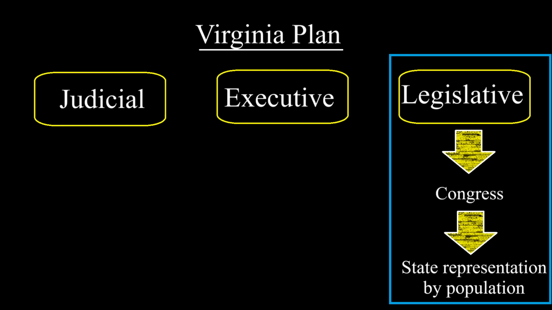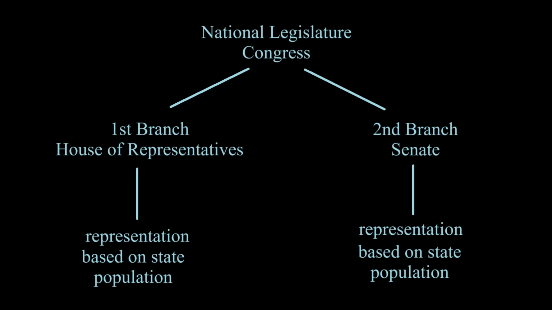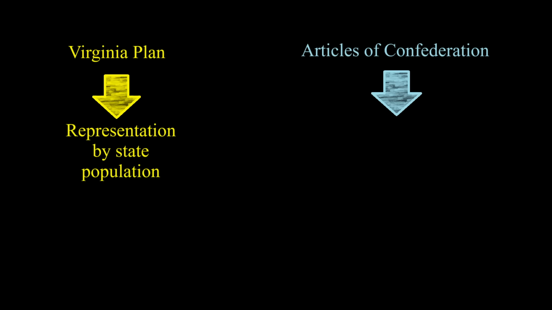The Virginia Plan states that the national legislature, Congress, will have 2 houses, with each state represented by its population. Thus, large states like Virginia and Pennsylvania would have more members in both houses than small states like Rhode Island and Delaware. Proportional representation by population in the Virginia Plan is fundamentally different than the Articles of Confederation, which grants that states have equal representation in Congress.